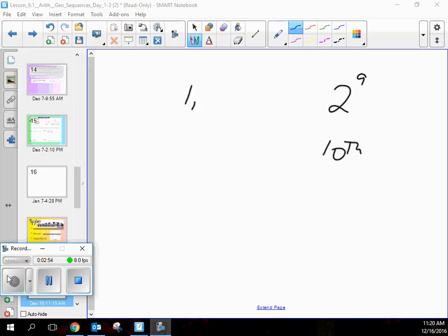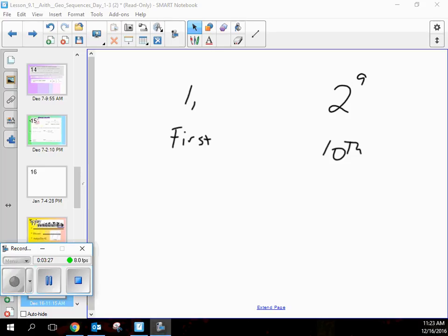Hint, use the formula again. Go ahead and use the formula. This time, I know the answer, and so do you. But given the first term and the 10th term, and told that it's geometric, you can find the ratio. Same formula, no new formula needed. Pause, give that a shot.